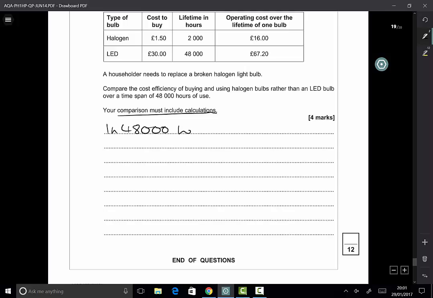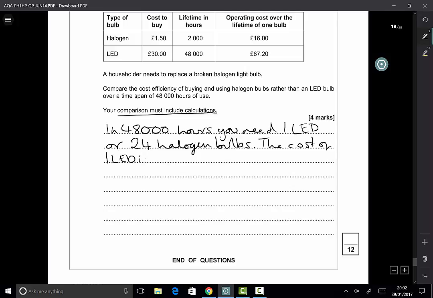So in 48,000 hours, you need one LED, or 48,000 divided by 2,000, which is 24 halogen bulbs. Okay, so the cost of one LED is £30.